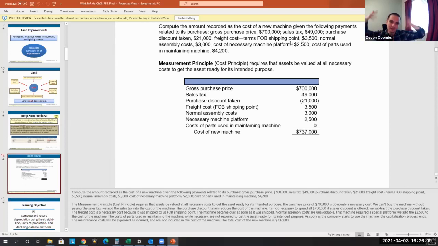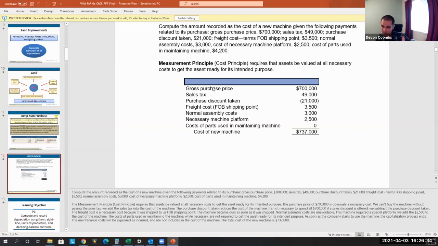This is building off of prior knowledge. If you didn't get that, you have to go study it again. The freight is 3,500. There's assembly costs. There's a necessary machine platform. The keyword there is necessary, of 2,500, and the cost of plant used in maintenance of the machine, so that's 4,200. I'll ask you to calculate the acquisition cost of the new machine.